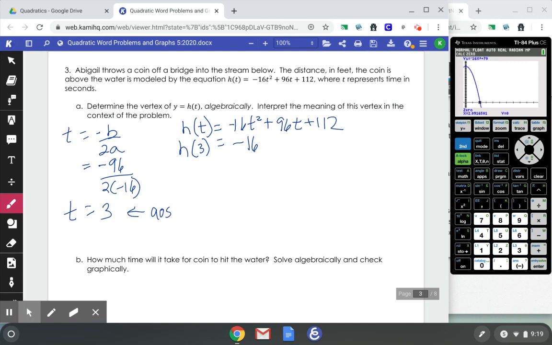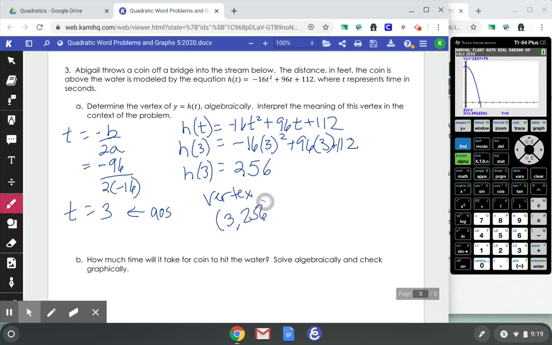So I'm going to plug in 3 for t into my equation. I can put that in my calculator, and I will find out that when the t value is 3, the height is 256. So my vertex is 3, 256. Okay?